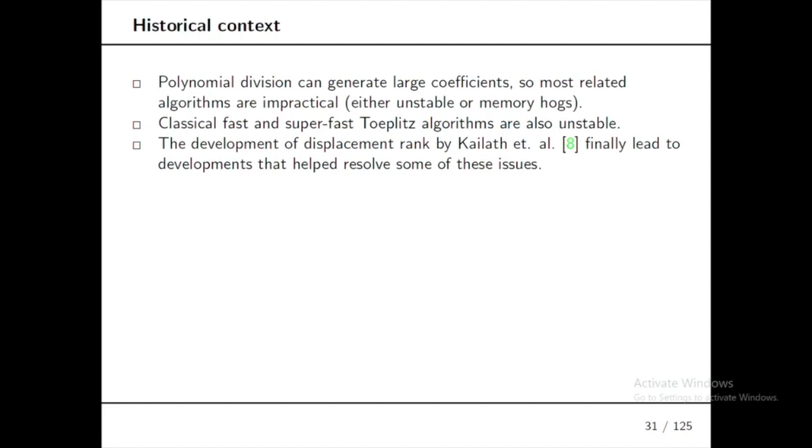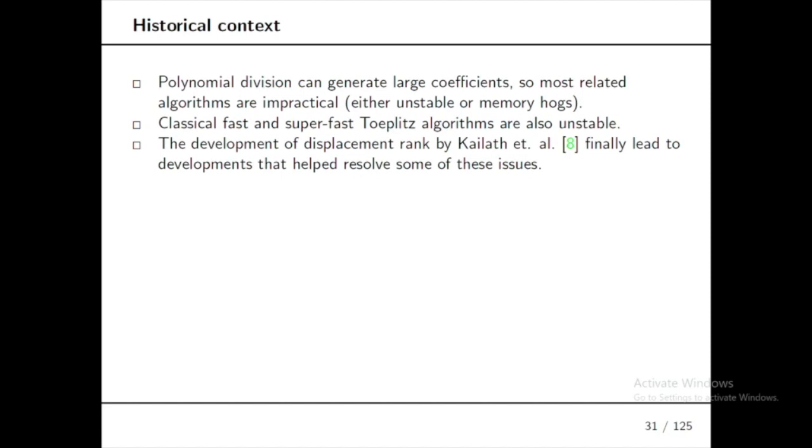And of course, there are algorithms for dividing, applying the inverse of Toeplitz matrices quickly, but they're also unstable. And finally, these algorithms, these division by Toeplitz matrices, were made stable through a very long and roundabout route. Okay, they started with the development of the notion of displacement rank by Kailath and his co-workers.